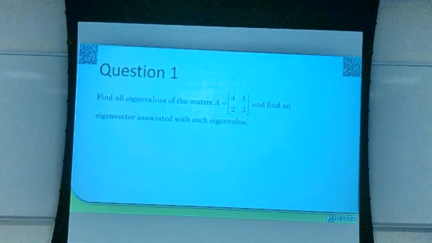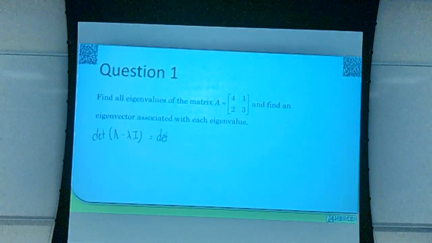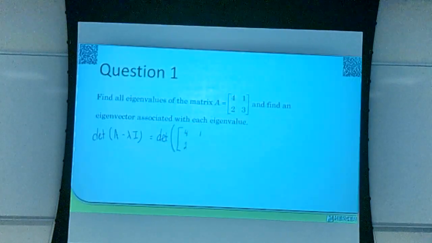First thing I want to do is find that determinant. Do this determinant, and I'm not going to write this out every single time, I'm just going to do it for this problem.